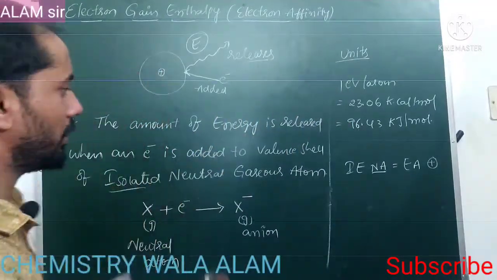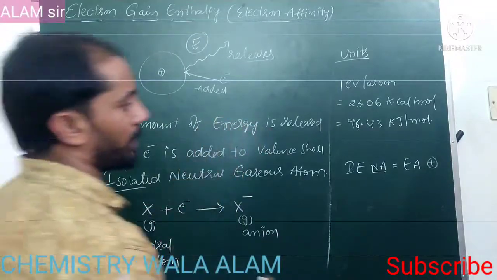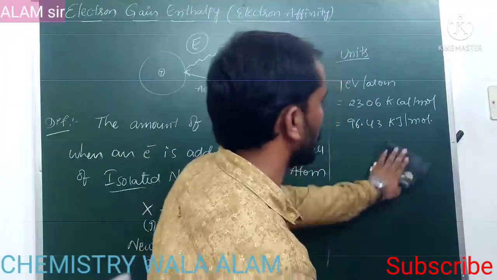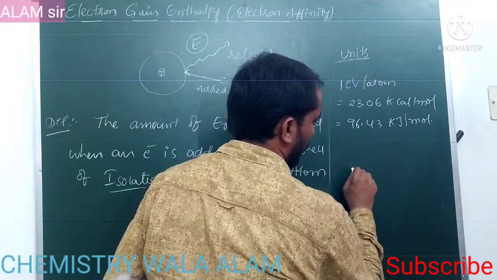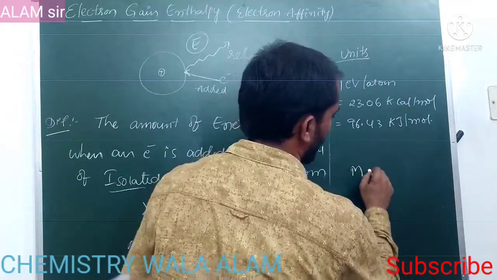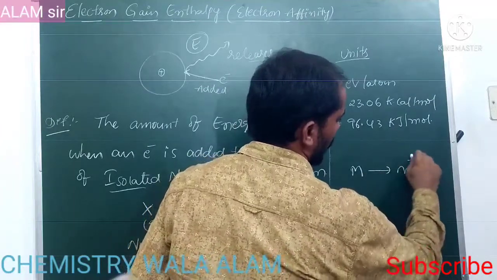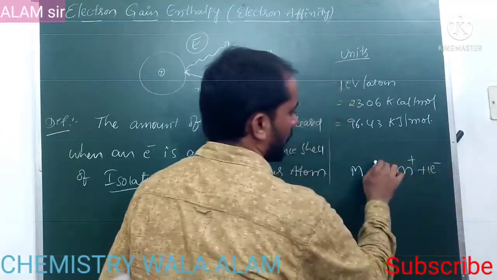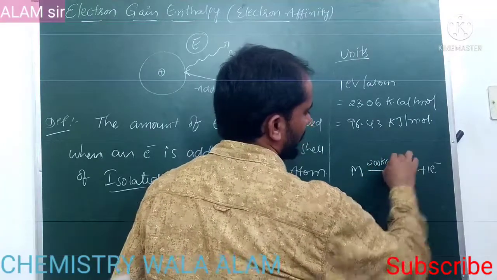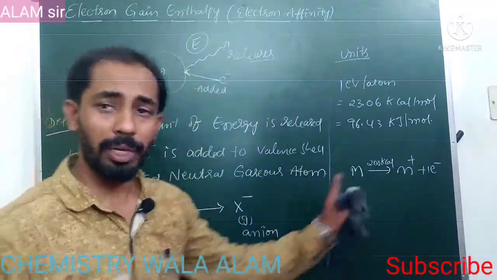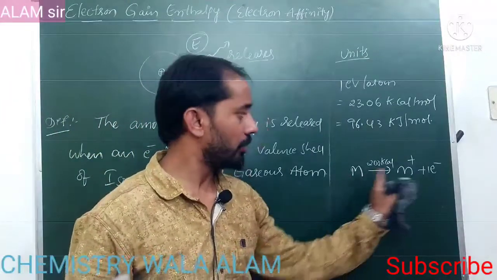That means, suppose when a metal, any one of the elements, is losing one electron, it requires, suppose, 200 kilocalories of energy to remove the electron from the one atom.